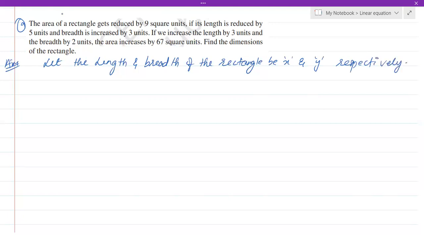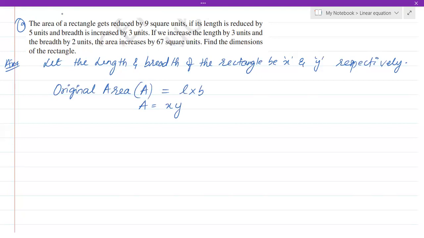Now, what will be the original area? Let me denote it as A. That will be equal to length into breadth. So our length is x and breadth is y. So original area will become xy.